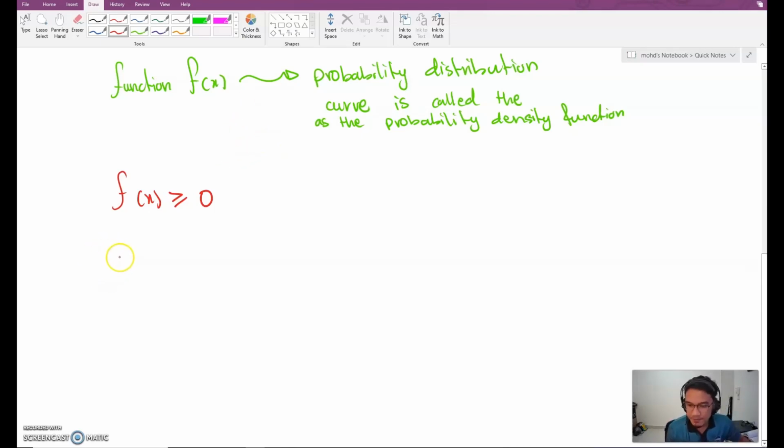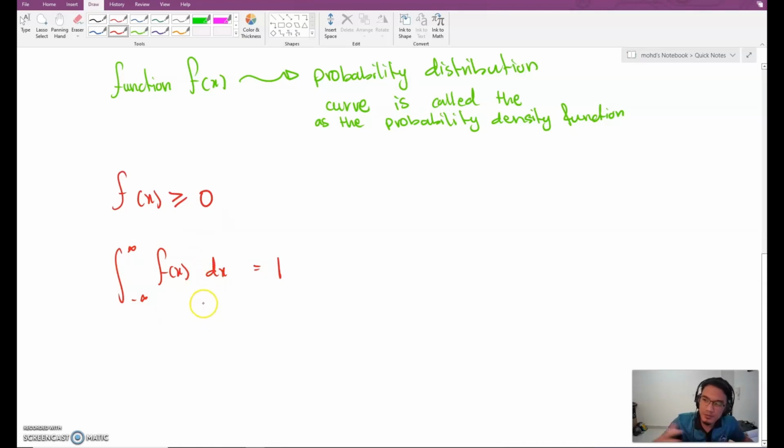Second, the total integral from negative infinity to positive infinity of the function f(x) dx is equal to 1. This represents the total area under the graph.